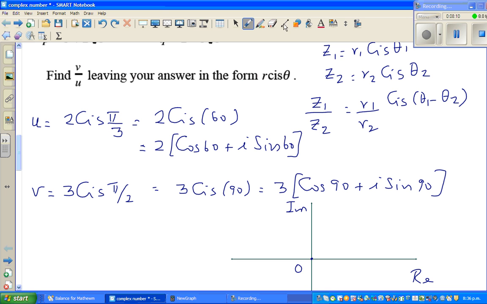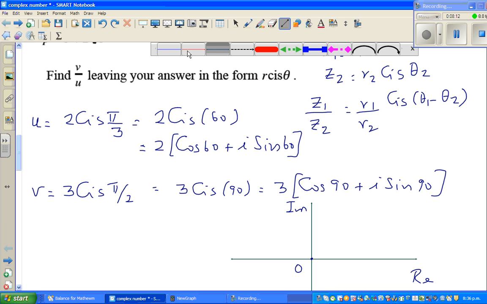So it's a vector. Those who are learning physics know a vector has 2 components, one is the magnitude and the other is the direction. So this is a vector at a distance of 2 units.